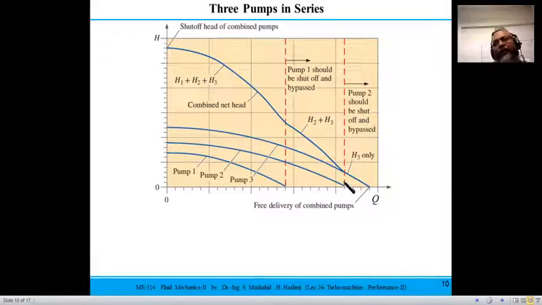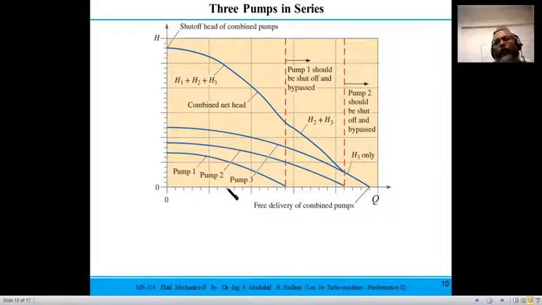And after this volume flow rate, the combined head would be only from pump 3, because pump 2 has already dropped its flow rate to 0. So in this case, pumps 1 and 2 must be bypassed or shut off so that you get the flow rate. So the performances are different at different operating conditions.